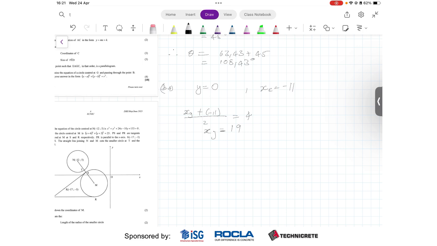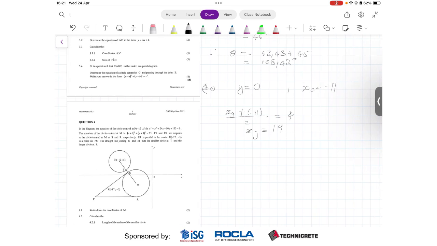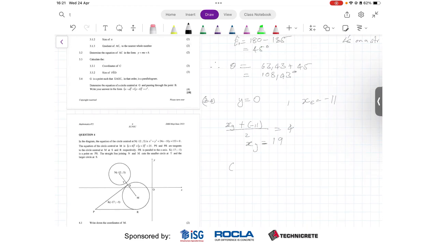Therefore, we now know that our circle must have the form (x minus a) squared plus (y minus b) squared equals r squared, okay? We already have y, and we just found x.